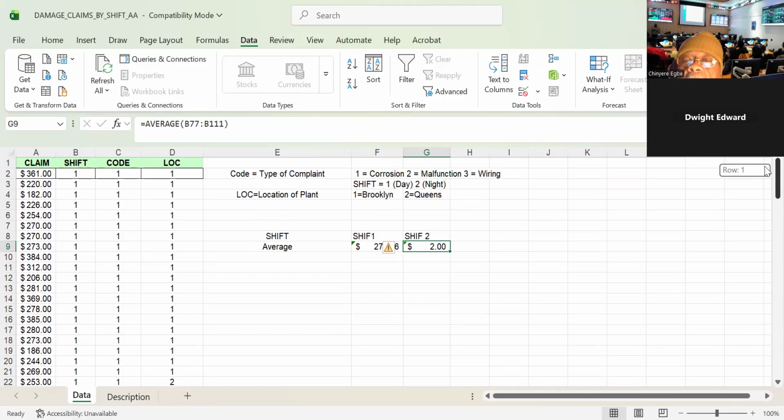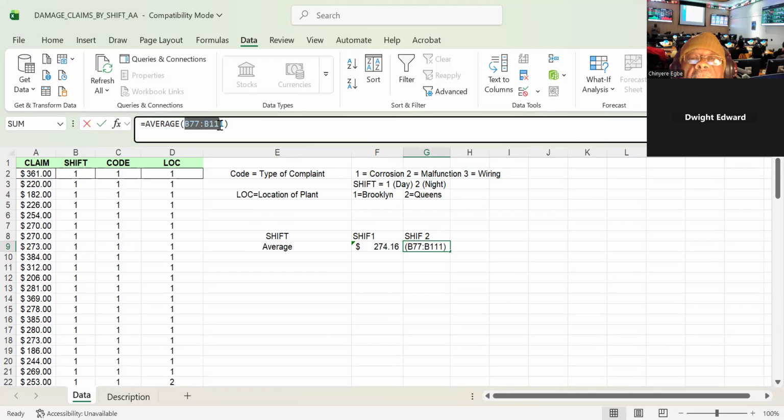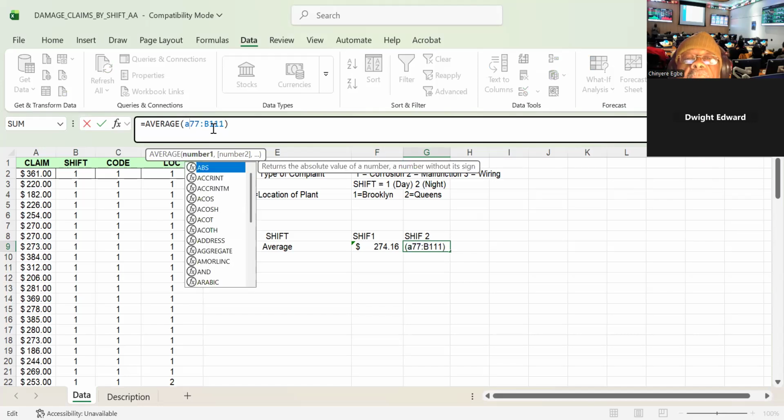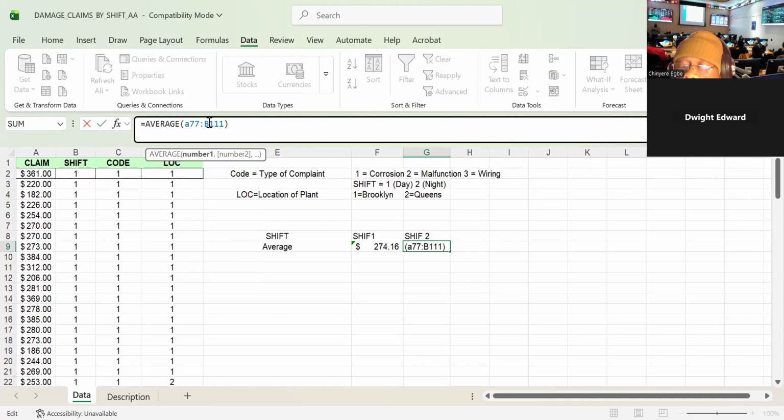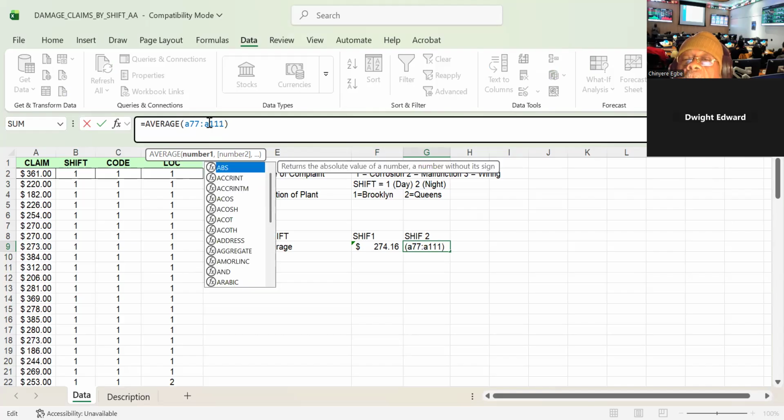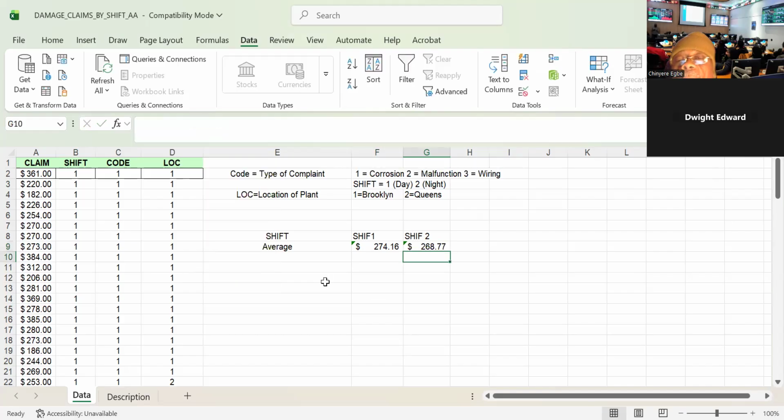B111. In the formula, you have B77, supposed to be A. Oh, yeah. Sorry. Thank you very much. So it's obvious you are following what's going on and that you have done your work.